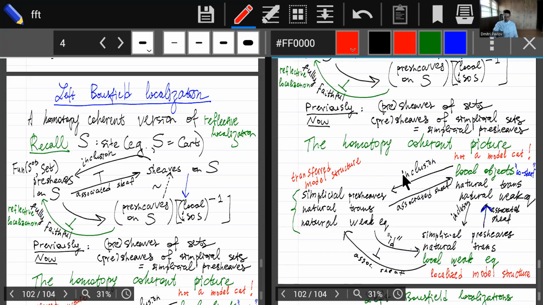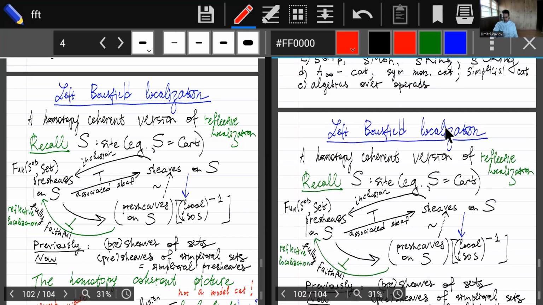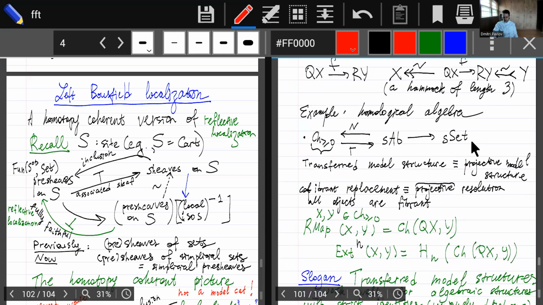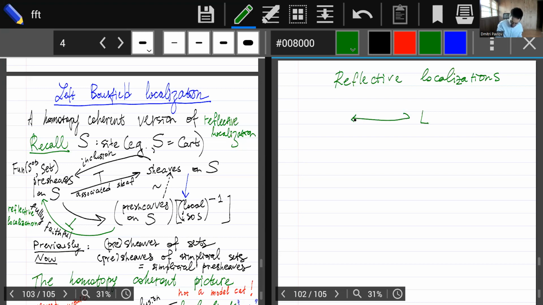Well, the applications to field theories will be reviewed later, but for now, let me just say that in general, maybe I should have given you an abstract definition of a reflective localization somewhere here. So in general, reflective localizations encode the following very simple situation. You have an inclusion of subcategories.